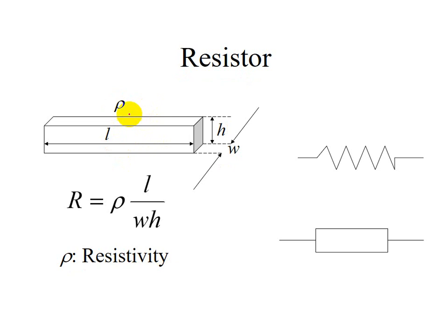In this geometry, R is the resistance for this material, and ρ is the resistivity. W, H, and L are the conducting line width, height, and length for these materials.